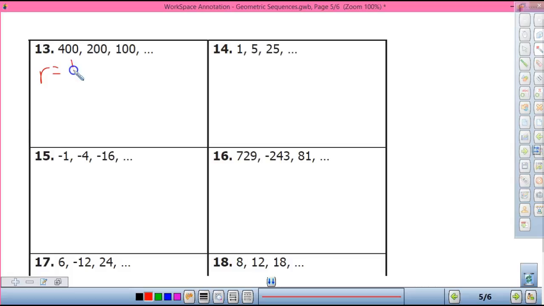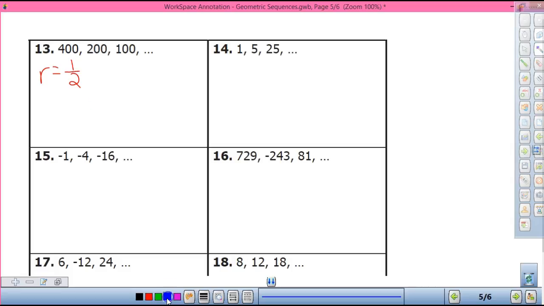Hold on, real fast. So just figuring out the ratio? That's all I want. That was my only question. Well, no, I want you to continue to do the rest of the problem. I was just making sure people had the ratio figured out. Well, we'll do that as well.